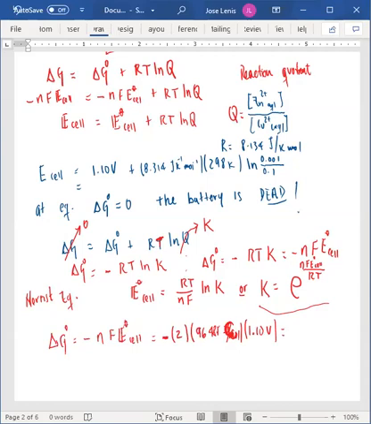And most important, this number has to be negative. And the answer will be in joules per mole. So your potential of the cell has to be always positive.